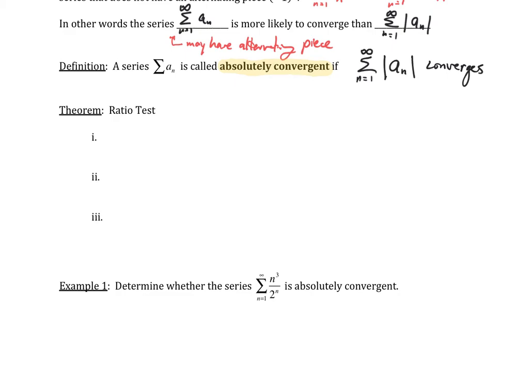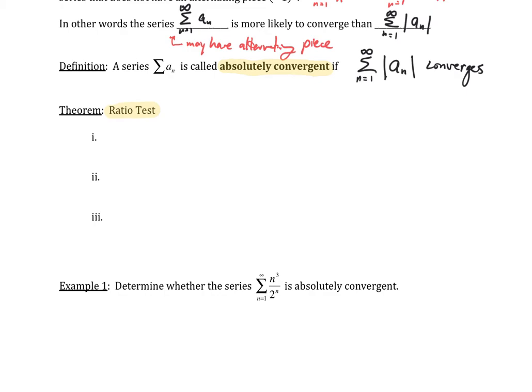In other words, if we put absolute values on the inside and your series still converges, then we say it's absolutely convergent. One of the tests we're going to learn in this section is a very powerful test called the ratio test. It's powerful because it tells us about absolute convergence. Let me explain how this test works.